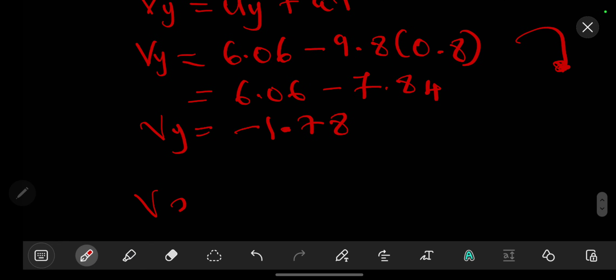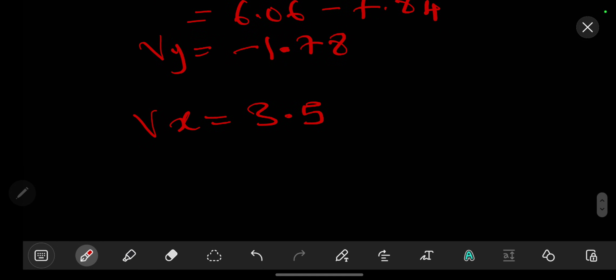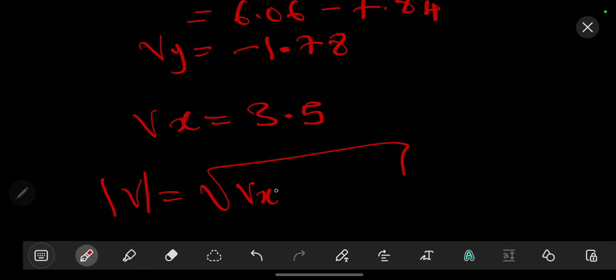Then Vx is constant throughout if air resistance is ignored. Finally, we can find the velocity with which it hits, which is the square root of Vx squared plus Vy squared.